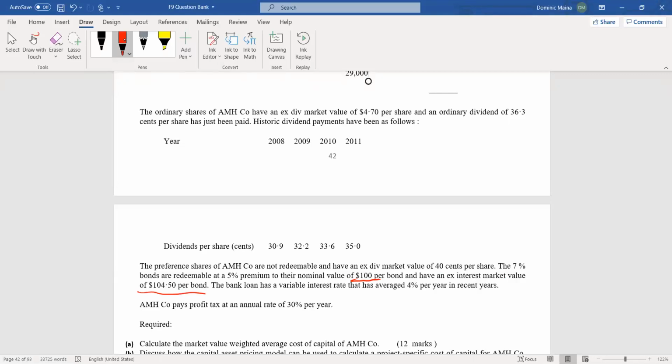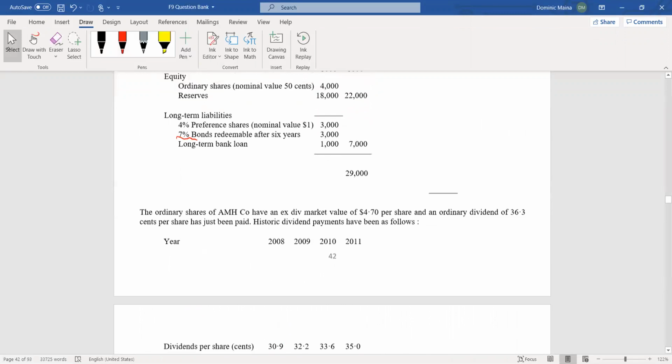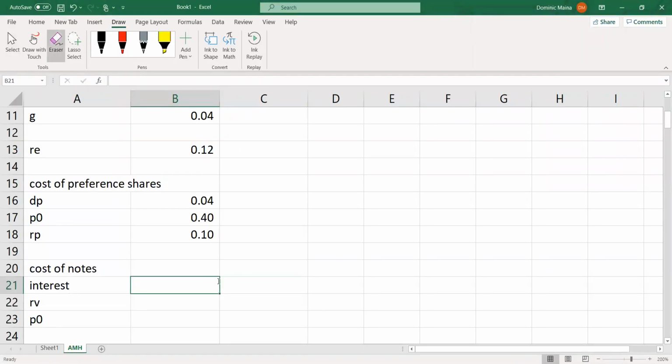Do you pay tax? Yes, the tax is 30%. Well, the net interest is 7% of 100 times 1 minus t. The interest will be equal to 0.07 times 100 times 1 minus t, so simply times 0.7.